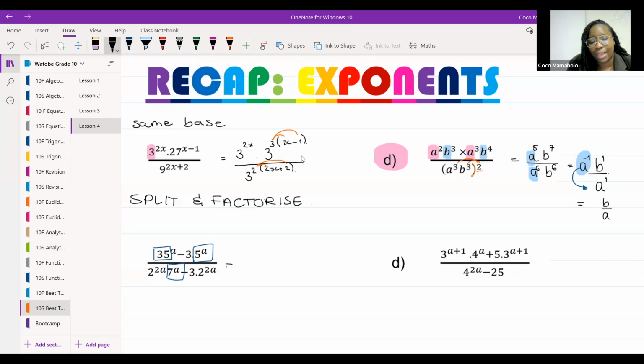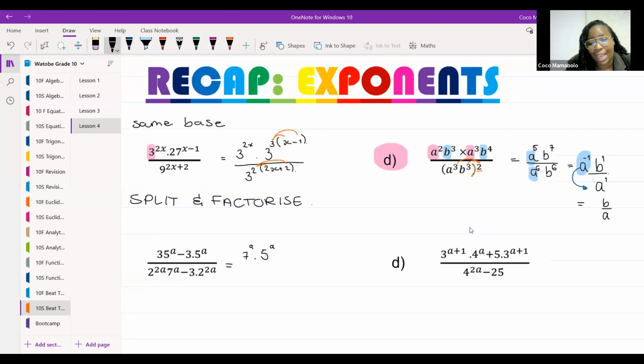Now, I want to note something. I'm going to skip a step. 35 to the power of A is the same as, well, let me start with 7, 7 to the power of A times 5 to the power of A. I'm going to explain. These things are called prime factors, and I know you guys have heard of them before.